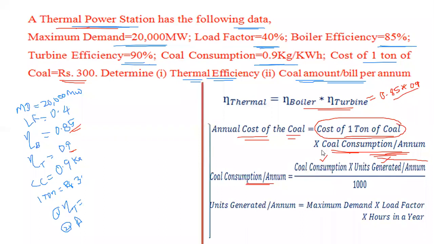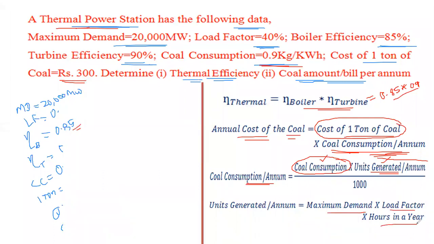Here again we don't know the value of units generated per annum, but the coal consumption is clearly mentioned, 0.9 kg per kWh. Here the coal consumption value is there. Now we want to find out units generated per annum. The formula is the maximum demand into load factor into hours in a year.